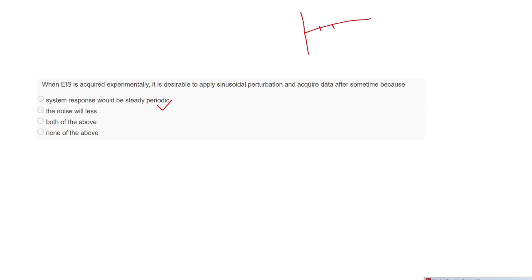So if I take something like this, it's possible that the system response might not be periodic for some time before it actually starts being periodic. So always wait for some time and then take the data. In this region, you see that it is not periodic, so you are waiting for some time so that the system response becomes periodic.